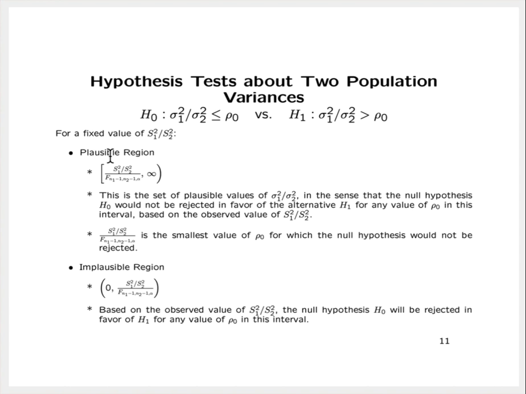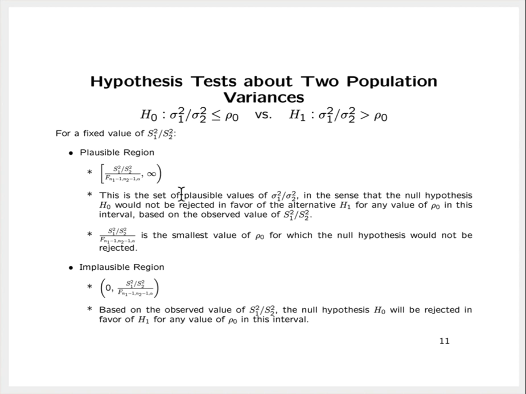And this would be the set of plausible values for the ratio of the population variances, sigma 1 squared over sigma 2 squared, in the sense that the null hypothesis would not be rejected in favor of the alternative for any value of rho sub 0 in this interval based on the observed value of the ratio of the sample variances.